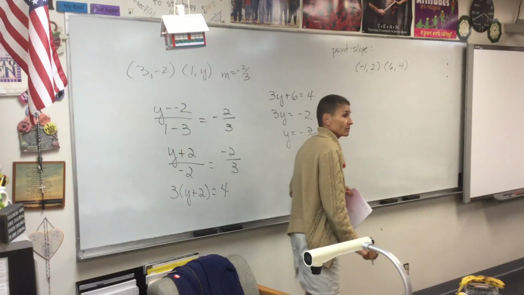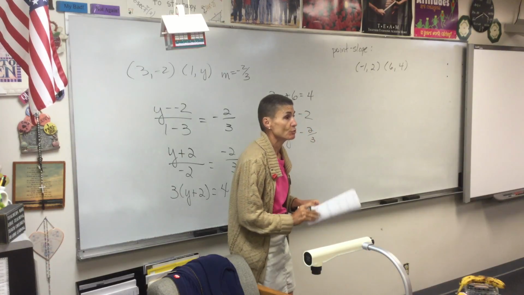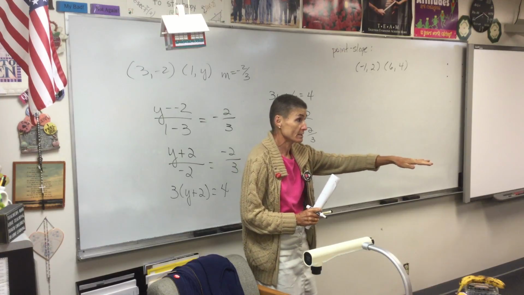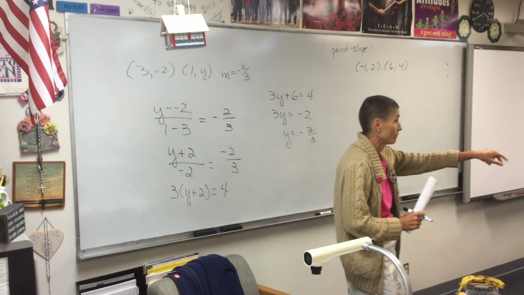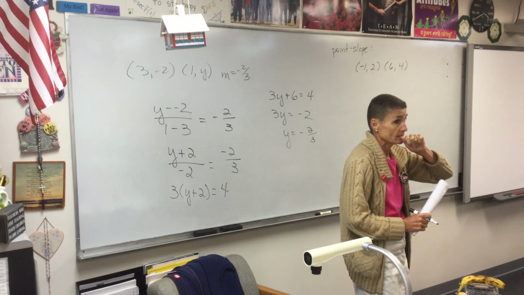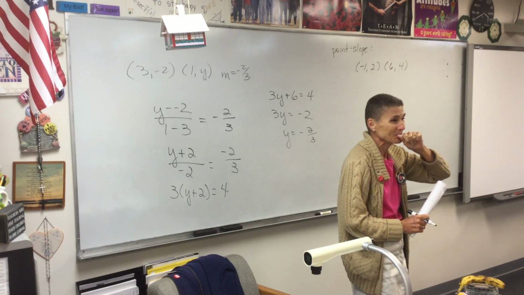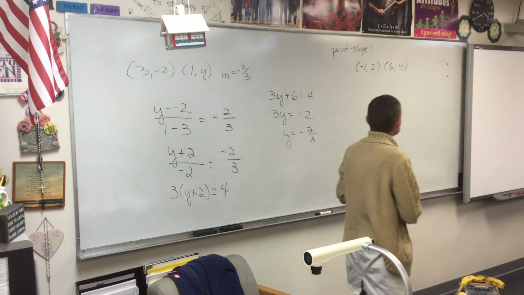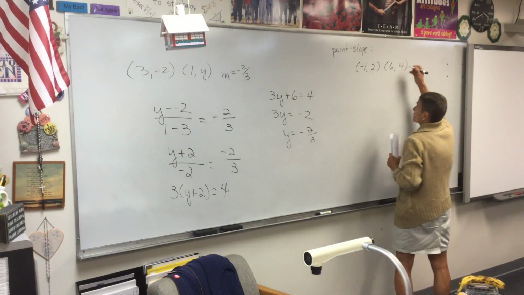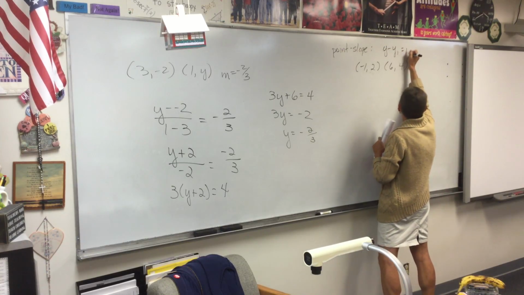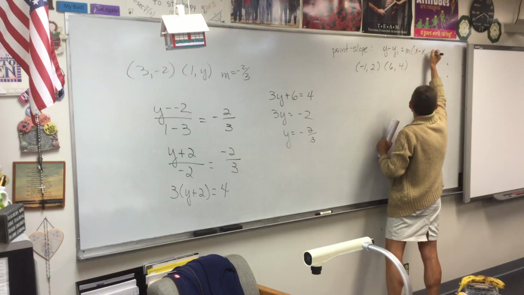Does anybody have a clue what I'm talking about when I say use point slope? There's a form, or a formula for point slope. Somebody said it's super long. That's it, it's very close anyway. Point slope is y minus y1 equals m times x minus x1.